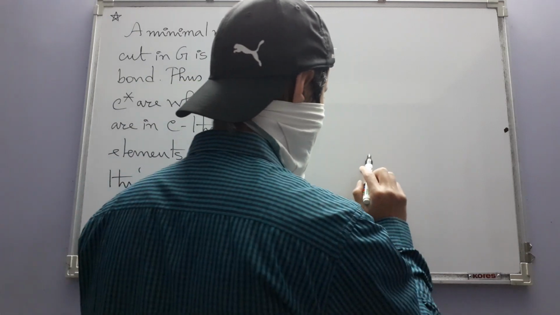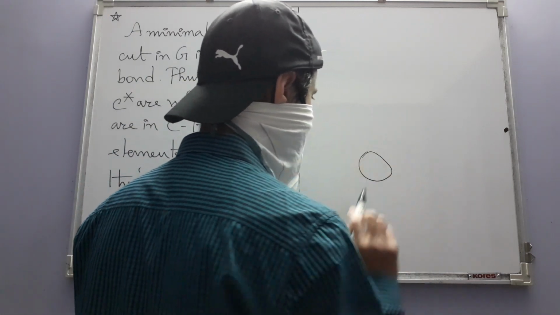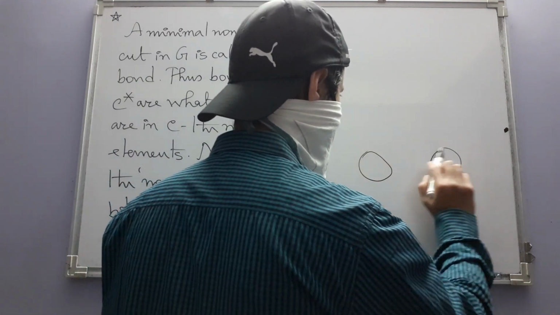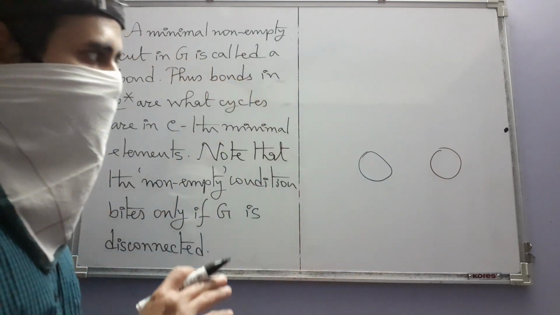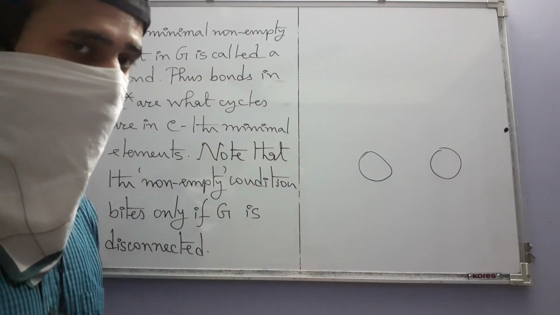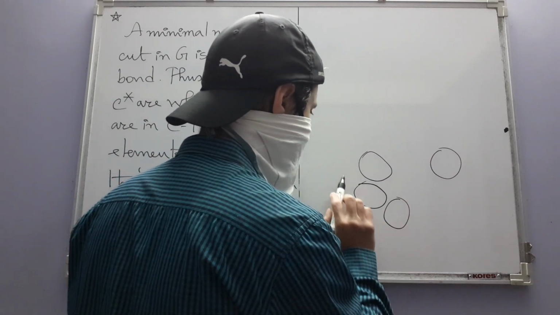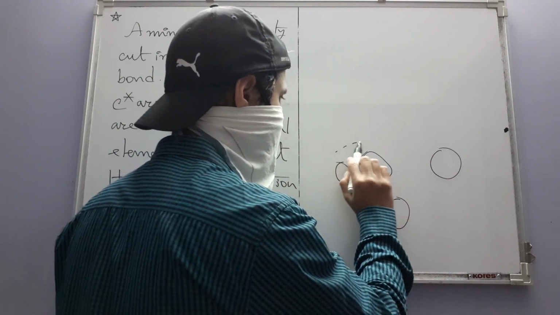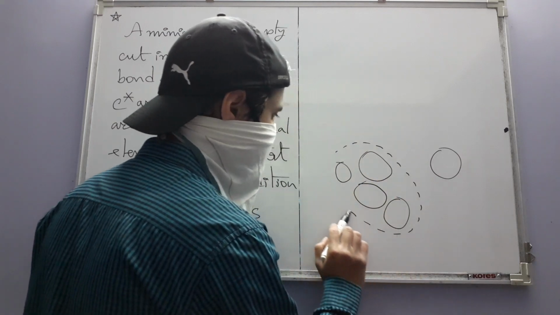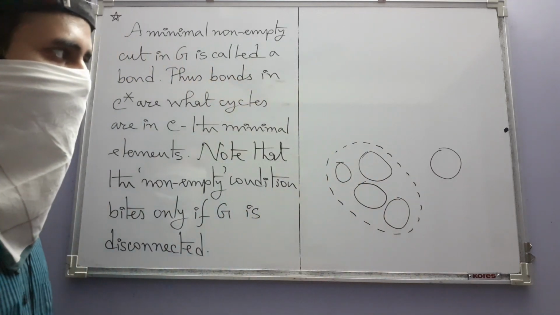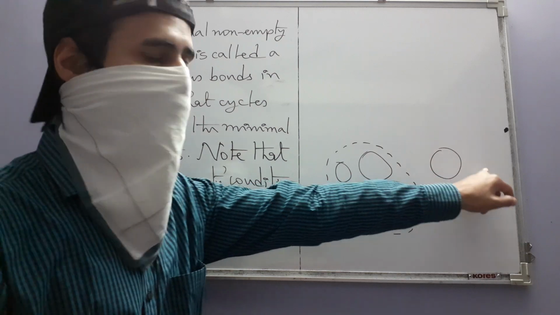So what you can do is that you consider one component, you consider the other component, and whatever else is there, there may be more components, right? You consider those other components if they are present along with this component, and you keep this one component away.